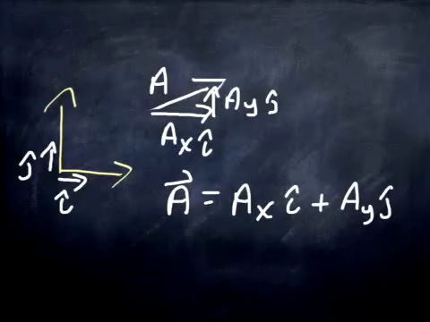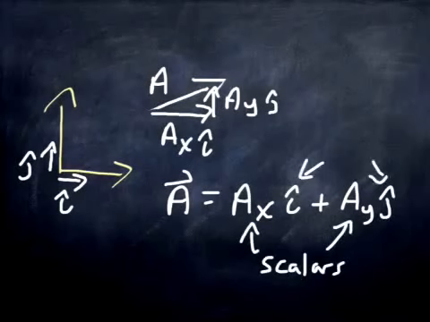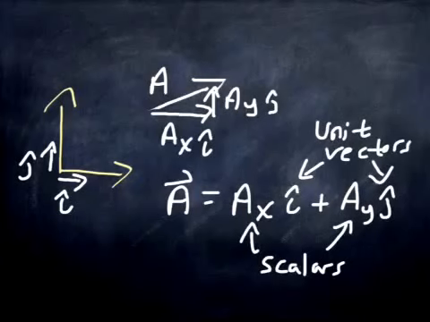So the vector A is equal to the scalar amounts, the magnitudes of Ax and Ay, in the directions of the unit vectors i hat and j hat. It's a more general notation rather than expressing things in parallel, perpendicular, and x and y. In general, we have 2 perpendicular components, i hat and j hat.